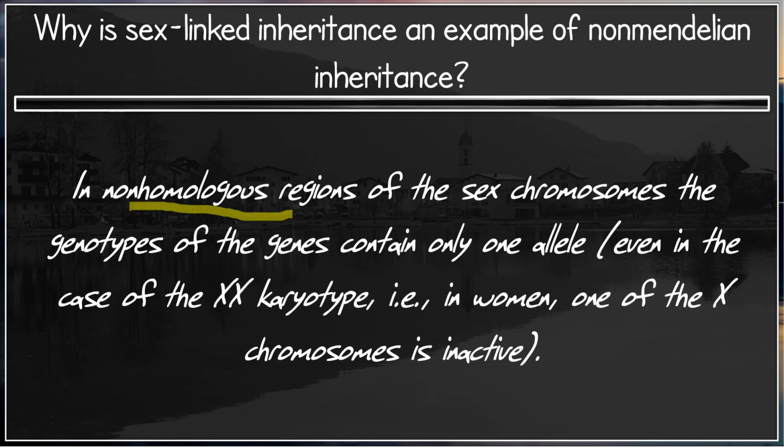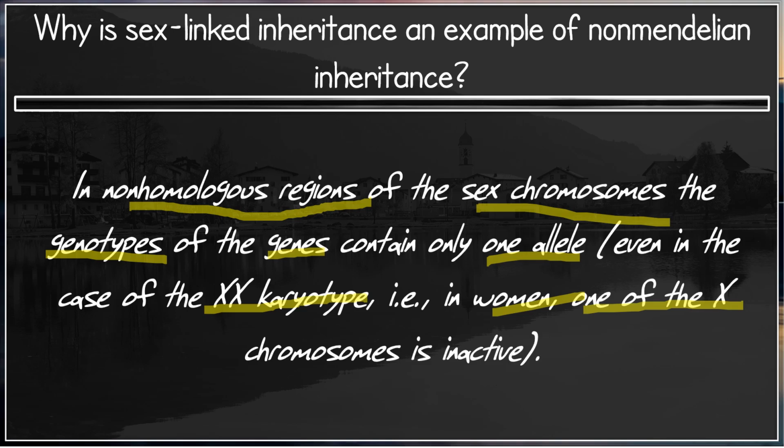In the non-homologous region of the sex chromosome, the genotypes of these genes contain only one allele, even in the case of XX karyotypes, i.e. in women, where one of the X chromosomes is inactive.